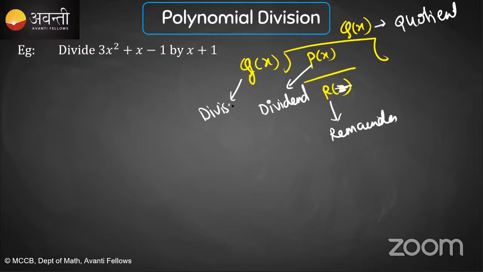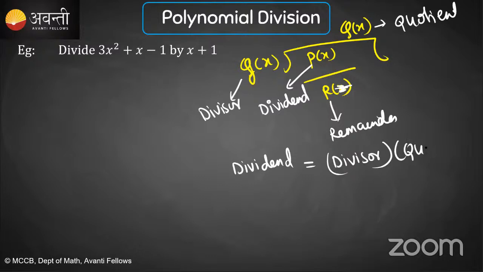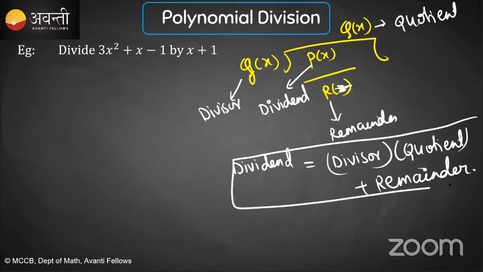Everybody knows this, right? And everyone knows this: dividend is equal to divisor into quotient plus remainder, right? Everybody knows this, right?